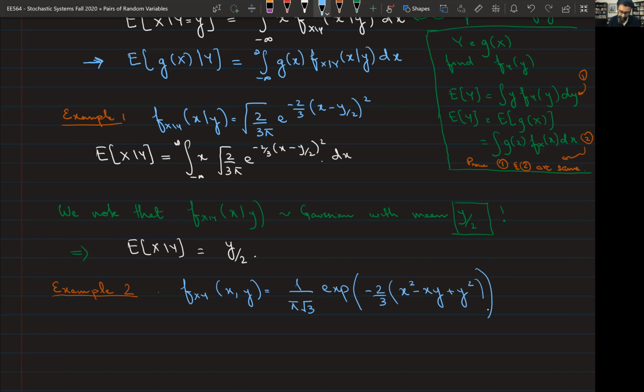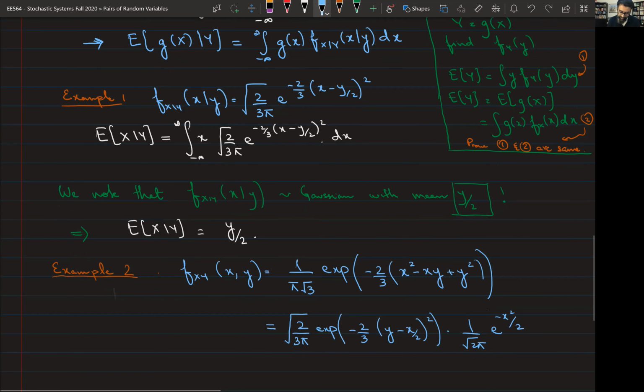If you've done that, you would have found that after some factorizations or marginalizations, this turns out to be equal to root 2 upon 3 pi e raised to power minus 2 by 3 times (y minus x by 2) whole squared, times 1 upon root 2 pi e raised to power minus x squared by 2, right? So that's one factorization that you could do.